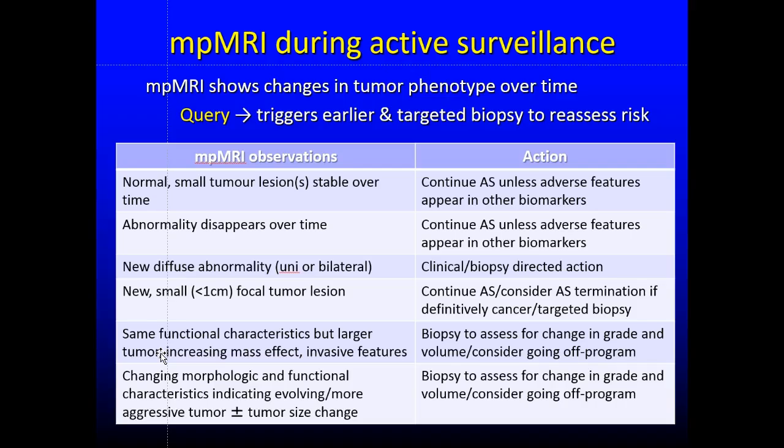You can continue to watch if you like, but you should also consider re-evaluating the risks in this particular patient. Sometimes you'll see the same functional characteristics, but the lesion just gets larger. In other words, you see an increase in size, an increase in mass effect, but on the functional side it looks the same. Then you really ought to be reassessing or thinking about going off the program.